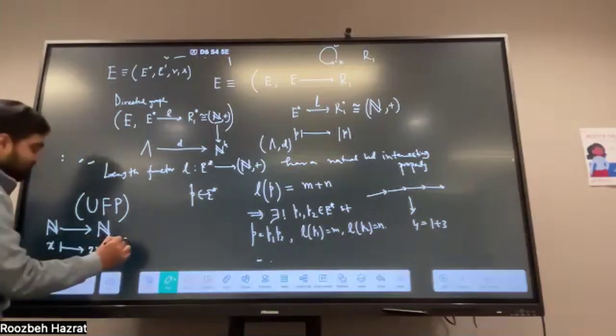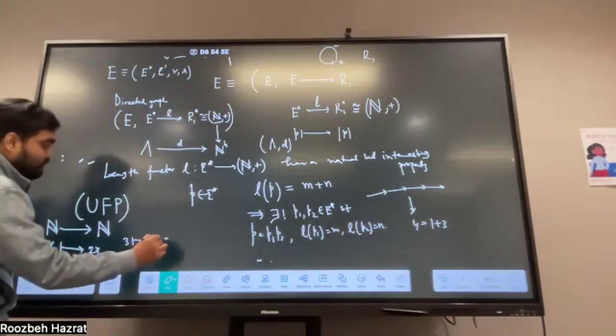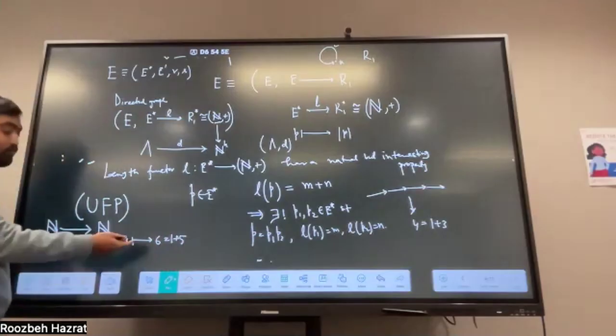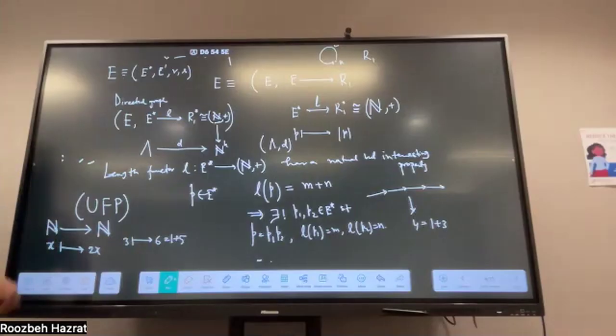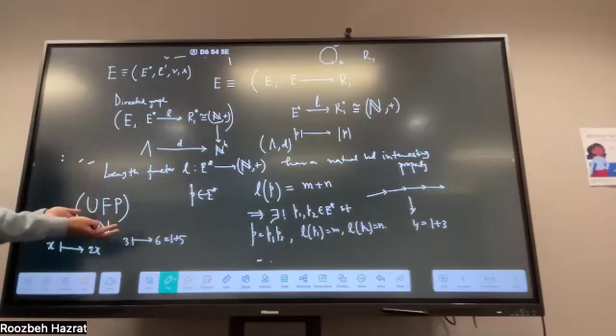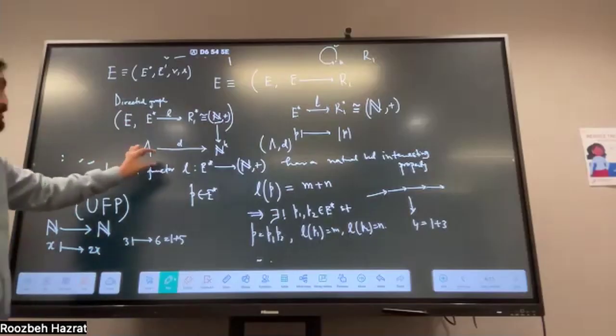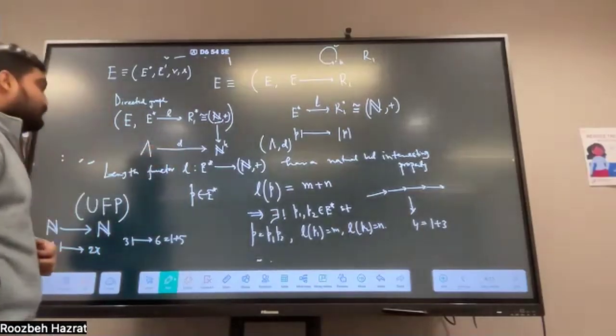For example, 3 goes to 6. 6 you can write as 1 plus 5, but there is no way to factorize this 3 so that the image will be 1 and 5. So this lacks the unique factorization property. Moreover, if you try reversing the factorization, that may not be in a unique way. So that's why this is a very restrictive property.